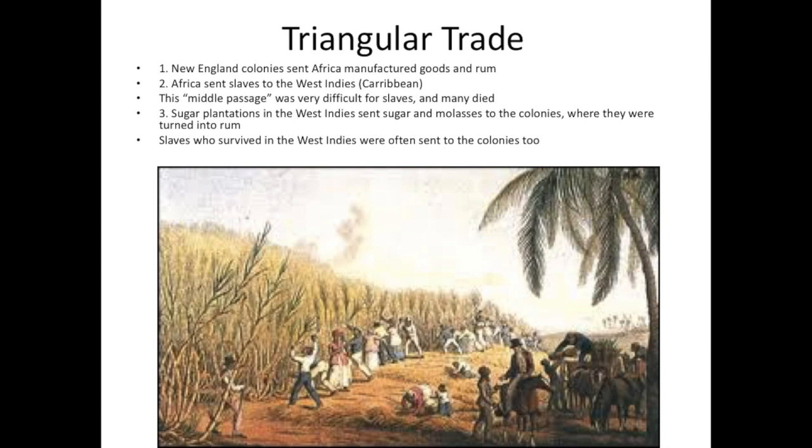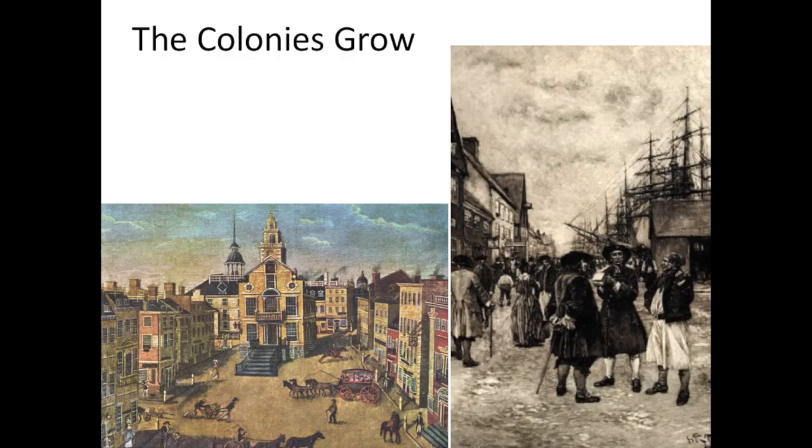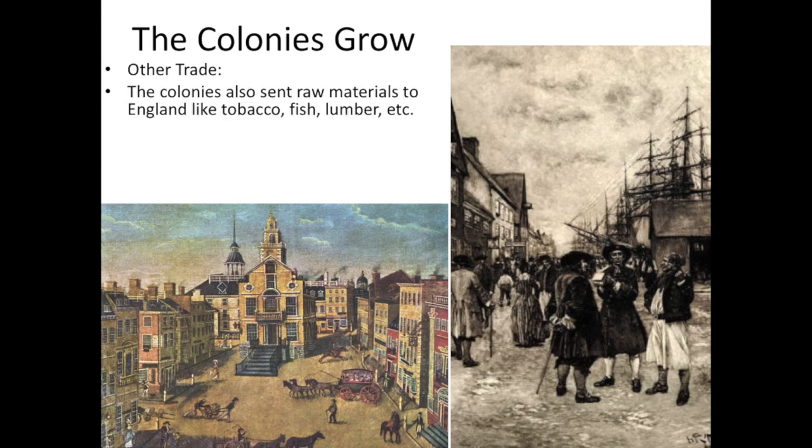Okay, so like I said, this triangle that you're looking at is not the only triangle. There were other versions of triangular trade, and so you could almost, if you want to, draw a line from the Americas, from North America, over towards England, because a lot of that stuff that was made in the New England colonies was sent straight to England, especially raw materials, things like tobacco, things like lumber.